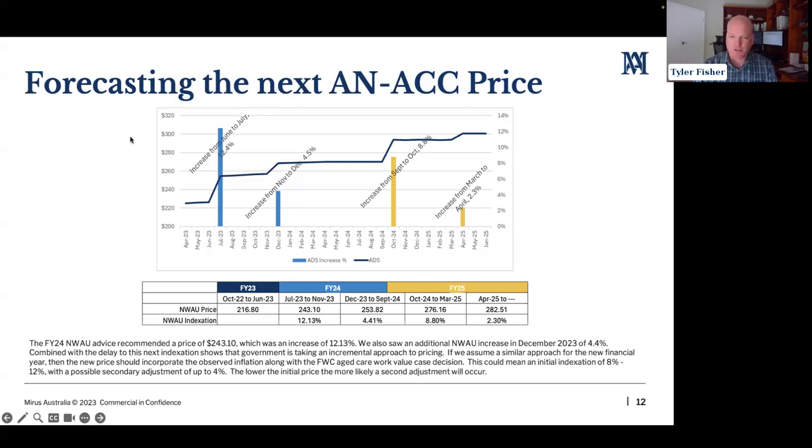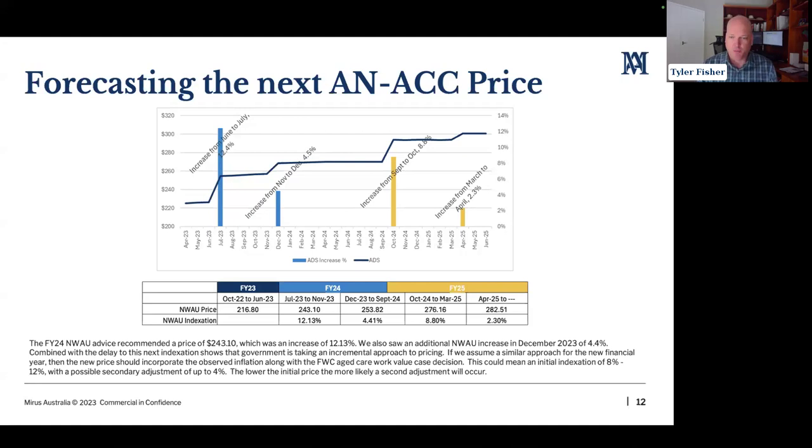And so I think if we assume a similar approach for the new financial year, then the new price should incorporate the observed inflation along with the Fair Work Commission aged care work value case decision. This could mean an initial indexation of anywhere from 8 to 12%. And then again, there's the possibility of a secondary adjustment.